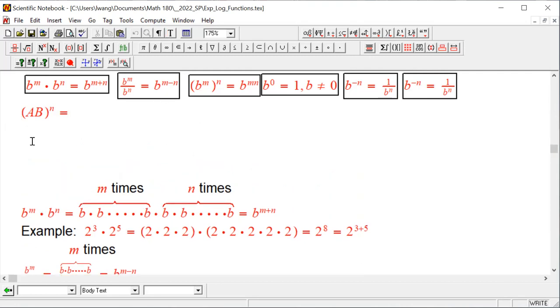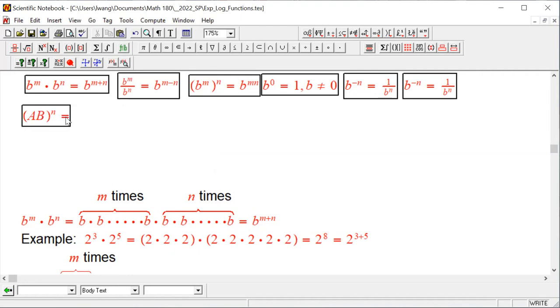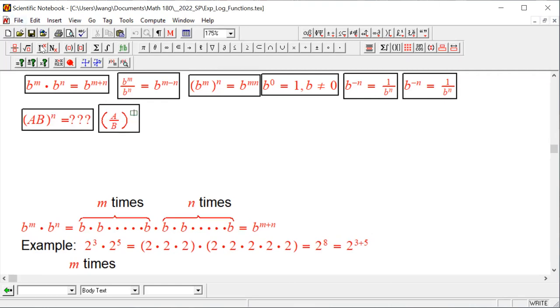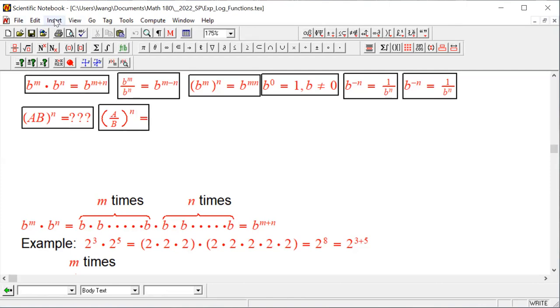And the next one we're going to derive is, what if we have a capital A divided by capital B, to the power of N? What should that be equal to? Right, so we're going to derive all of these.